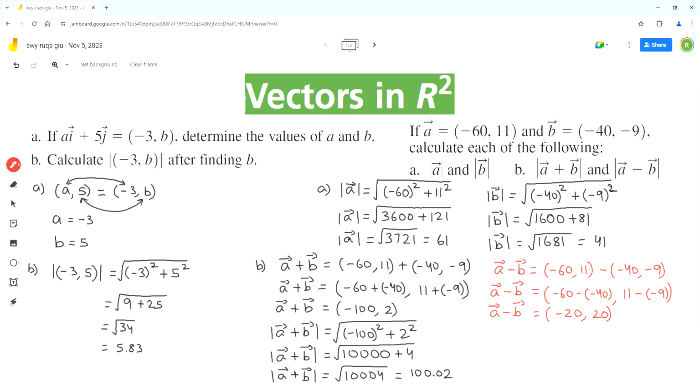Now we can find the magnitude. So we'll square these two components and then add them and apply the square root. So negative 20 squared is equal to 400 and 20 squared is 400.